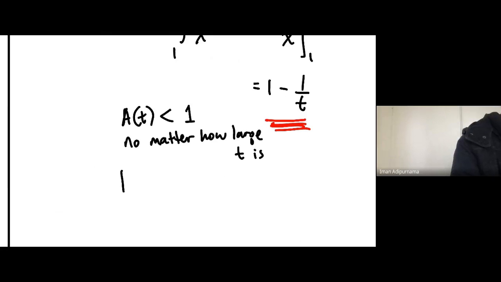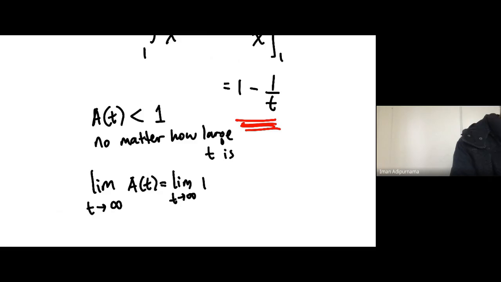And we can write as a limit, as t going to infinity, of the area. We can write this as 1 minus 1 over t, and then it's only 1.